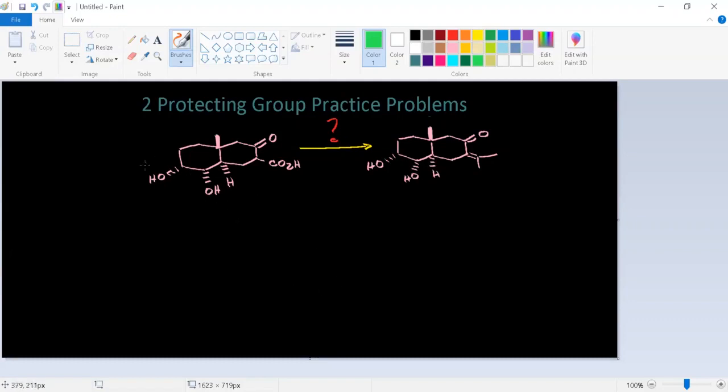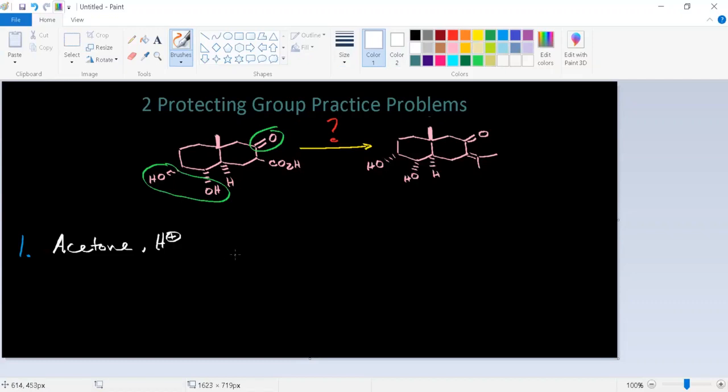But in order to get there, we should notice that these alcohols are going to be an issue for us, and not only those alcohols, but also this carbonyl, right? Because under acidic and basic conditions, these two groups in green will be an issue. So let's protect them. The easiest way to protect the alcohols, for step 1, is to introduce some acetone and also some H+.